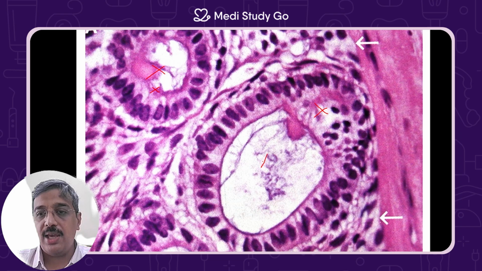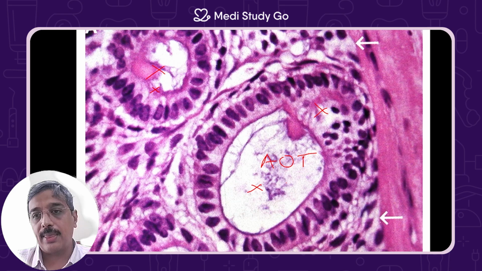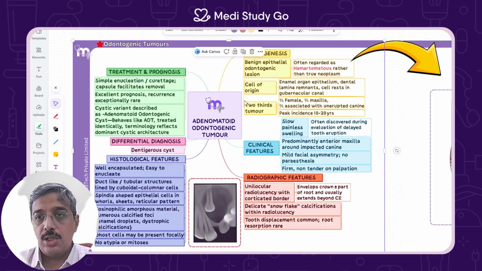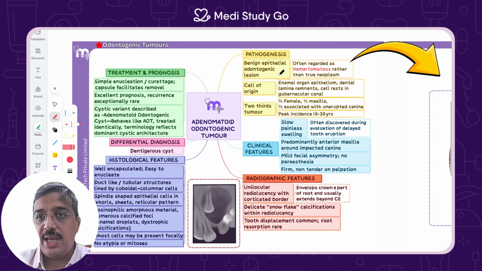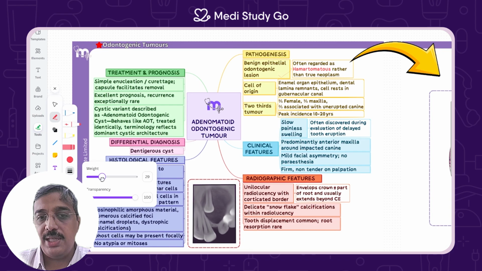So here is an eosinophilic rosette, and you can see there is a duct-like appearance seen in the tumor proliferation.